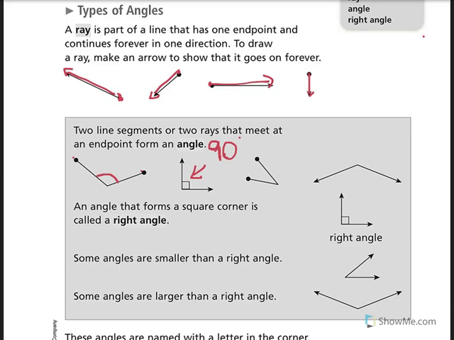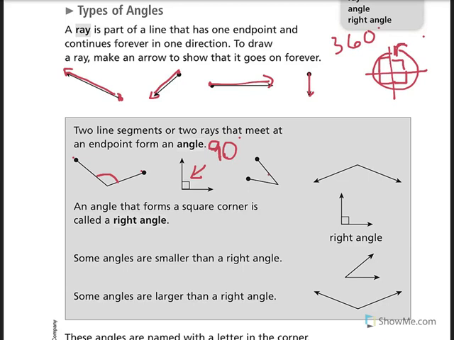And what's pretty cool is if you have two lines that are perpendicular to each other, all of these angles are right, and they add up to 90, 90, 90, 90. 4 times 90 is 360. And if you know anything about skateboarding tricks, a 360 is turning all the way around. So that's one fun way to remember it.